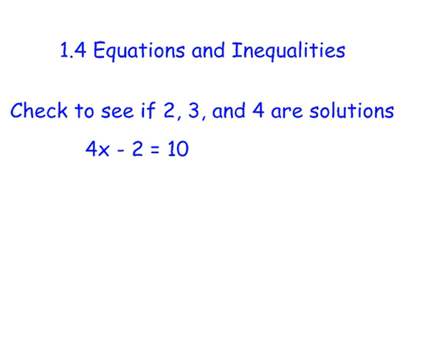The next equation that I have is 4x minus 2 is equal to 10. And the directions say, check to see if 2, 3, and 4 are solutions. So let's start left to right. Let's start with the number 2. We use order of operations. We see that we must do the multiplication first. 4 times 2 is 8. 8 minus 2 is 6.